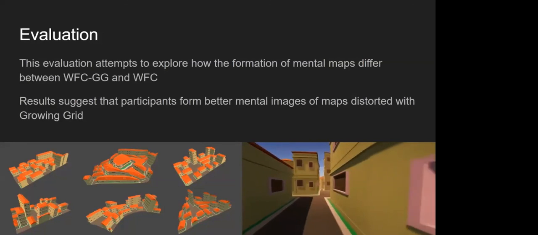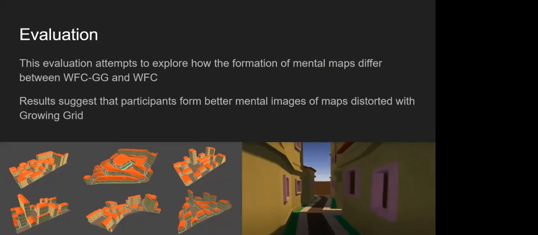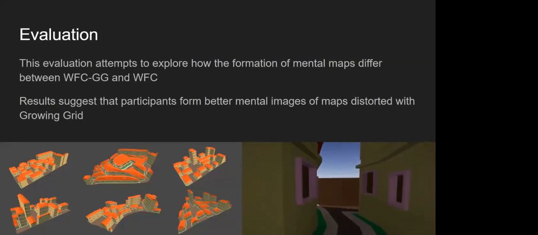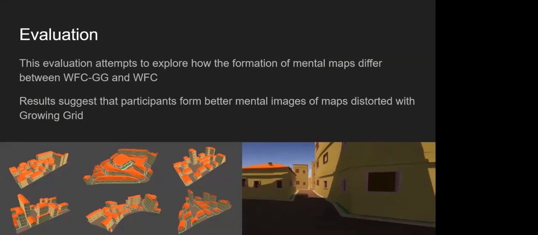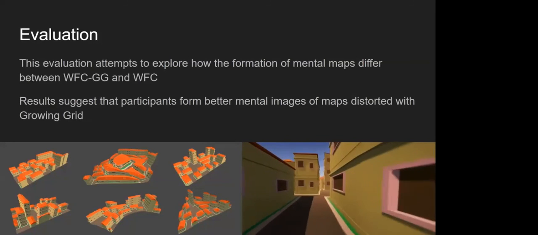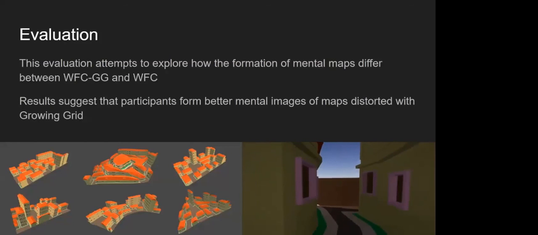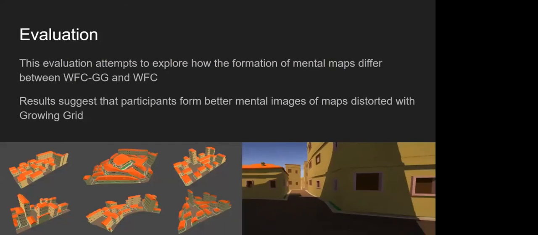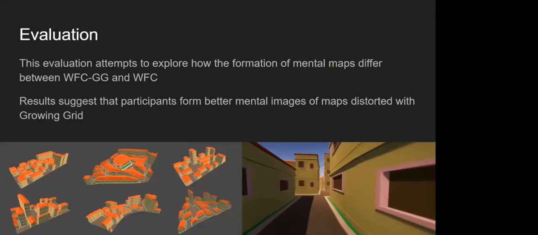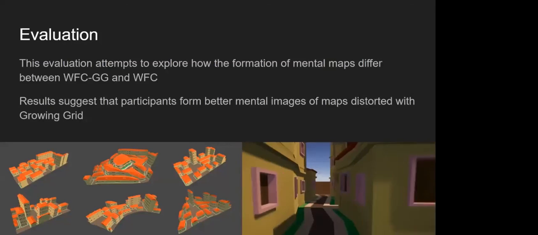After they had been navigating the maps, they were asked to specify which map they had been traversing from the image you can see on the left. And the evaluation showed that participants were able to form better mental images of the maps which had been distorted by the growing grid.